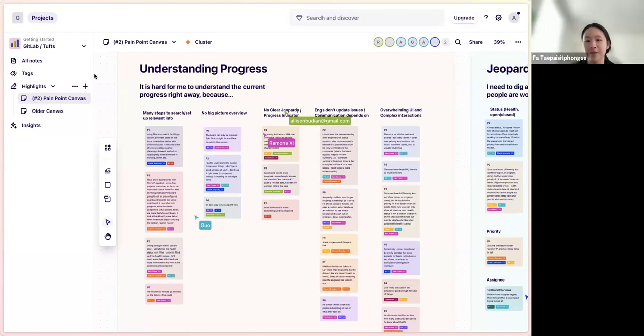Yeah, I can add on as well, as the reason why I chose the no clear jeopardy progress indicator. Throughout the interviews, being able to see the common theme of people having different types of workflows and things that they use to see their updates. They either look through the comment thread on the issue or they have different setups on their issue board itself.